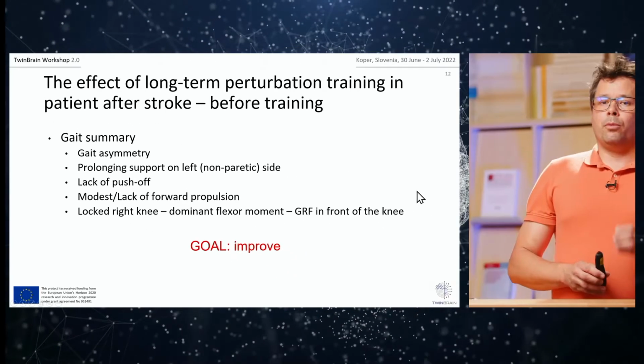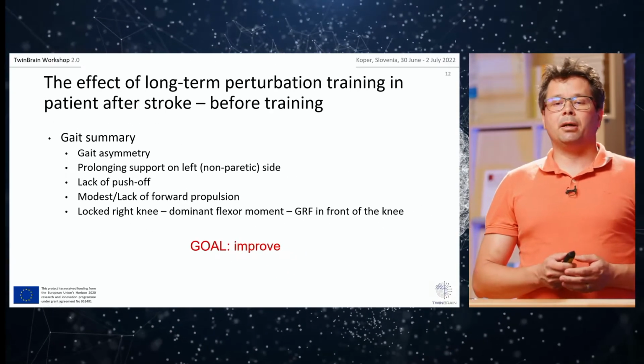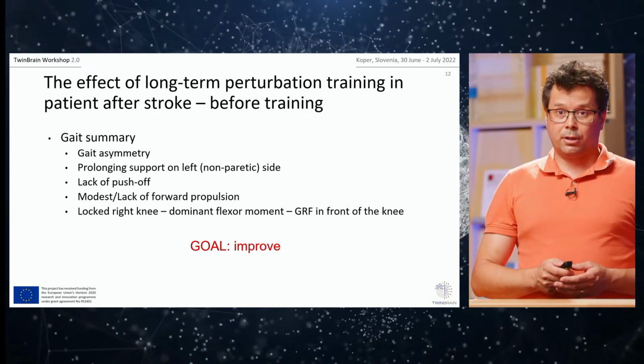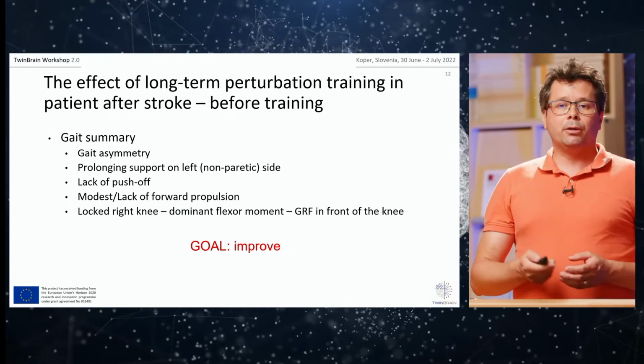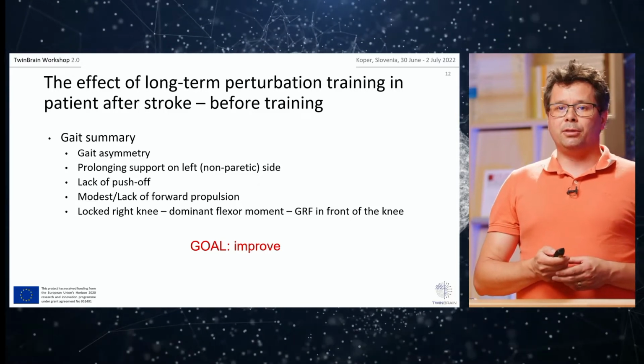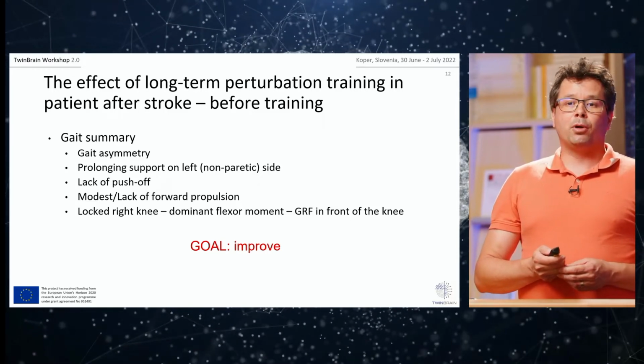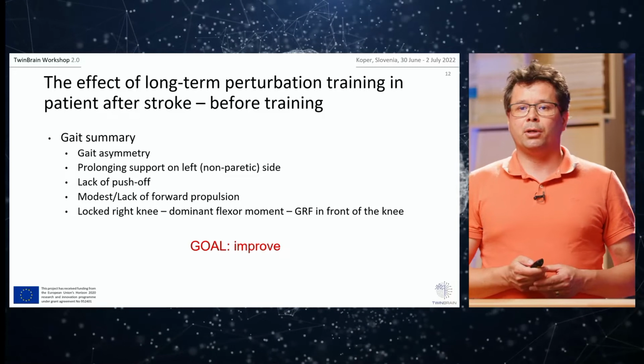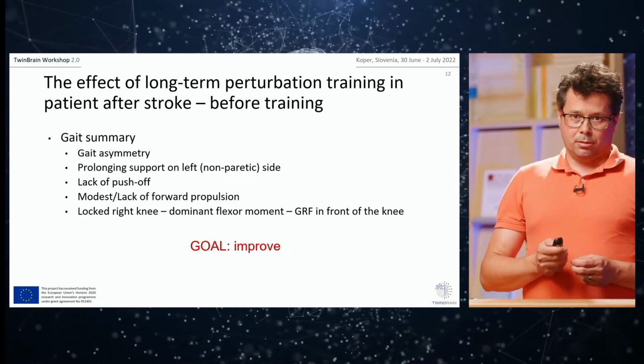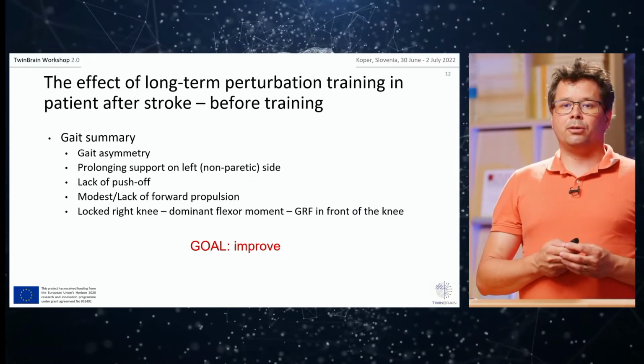So what can you say about the gait for this particular patient? What we notice is considerable gait asymmetry. He is prolonging the support on the left side, the non-paretic side. There is almost no push-off on the right side.